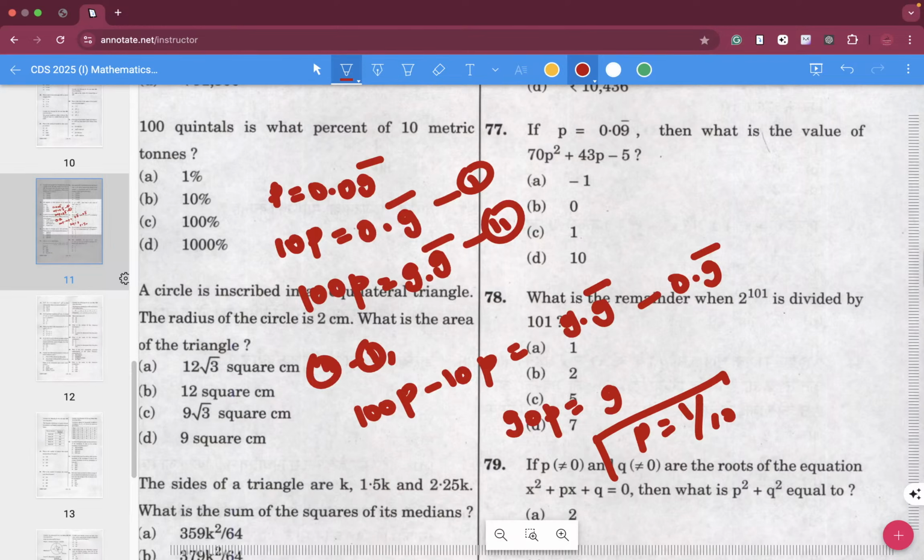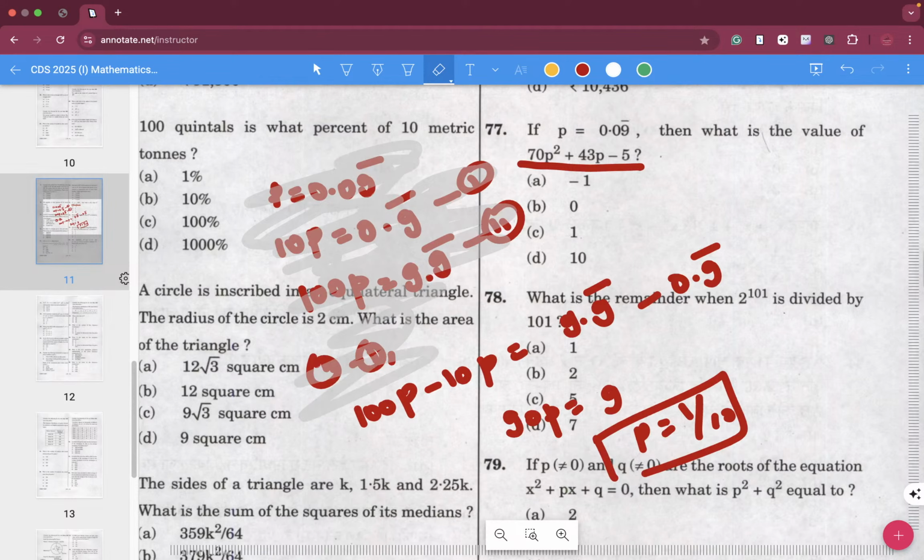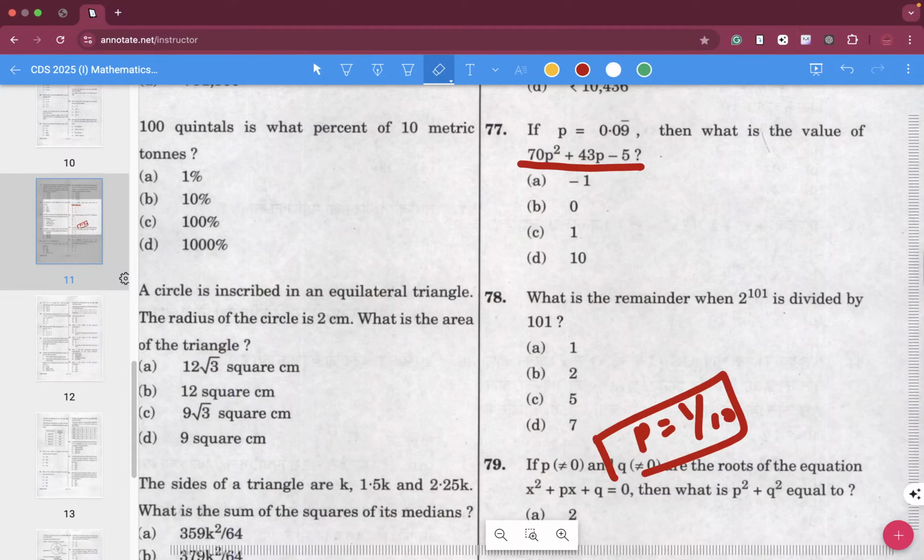Now they are asking the value of the expression they have given. We know p is equal to 1 by 10, so we put in the value: 70 into 1 by 10 into 1 by 10, which is p square, plus 43 divided by 10 minus 5.